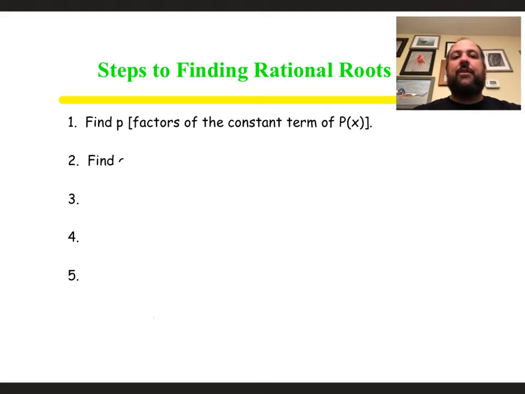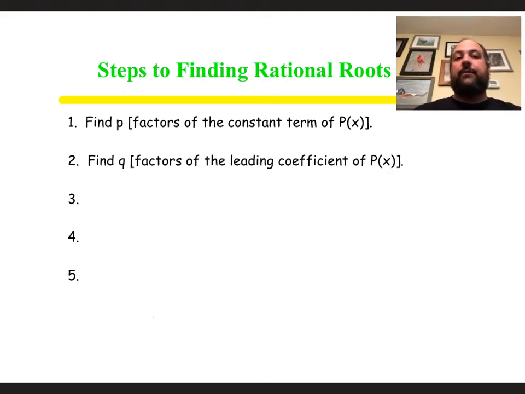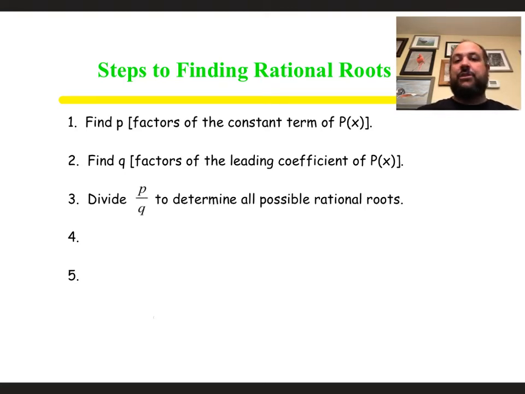Second, we figure out the q values, which are the factors of the leading coefficient of the polynomial. Once we've generated the list of p and q values, we put them into fractions, p over q, to determine all of our possible rational roots.